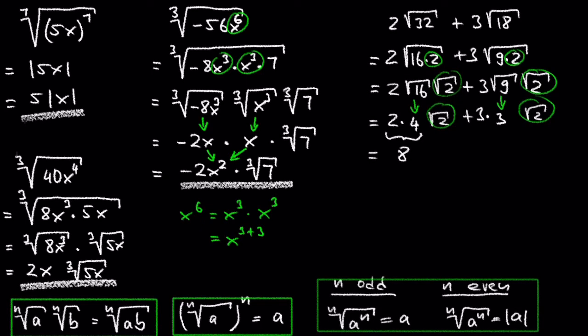And 3 times 3 is 9. So we get 8 times the square root of 2 plus 9 times the square root of 2. Now finally we can combine these two expressions because they are like terms. And we get 17 times the square root of 2 and we're done with this problem.